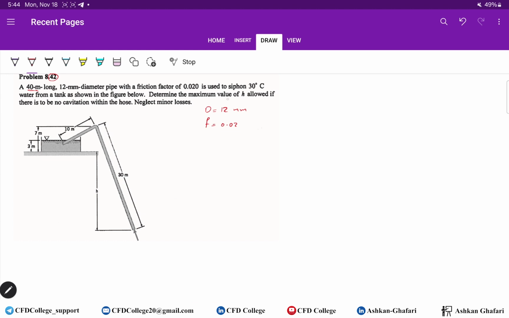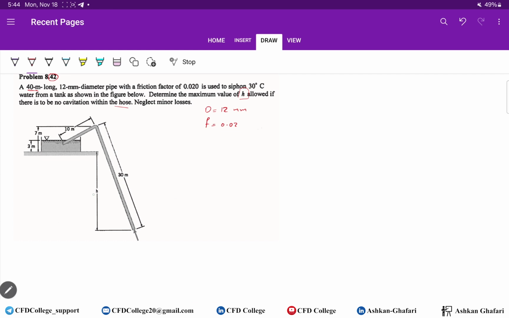Determine the maximum value of H allowed if there is to be no cavitation within the hose. Neglect minor losses. These minor losses mean the entrance and the bend, not the head loss we have in the energy equation. That's major loss.